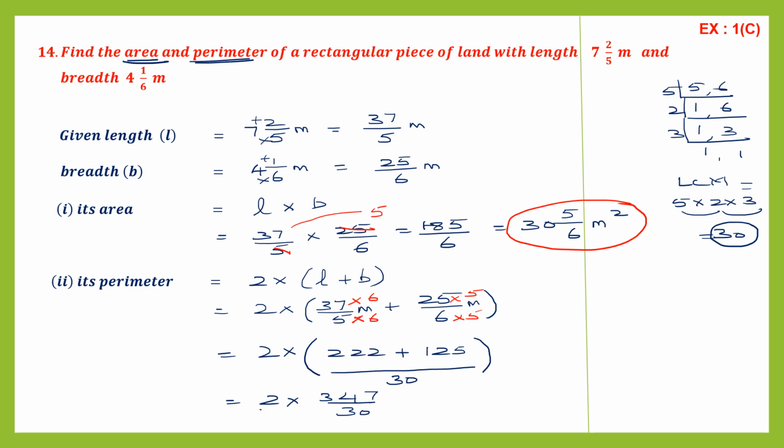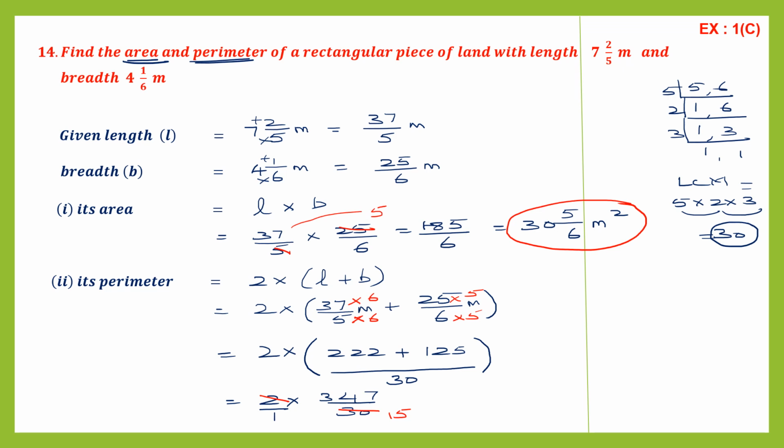Now we have to do multiplication. Denominator is 1 here. We can cancel 2 and 30. 2 into 15 is 30. Now we have 347/15. So now let's try and get a mixed number here.